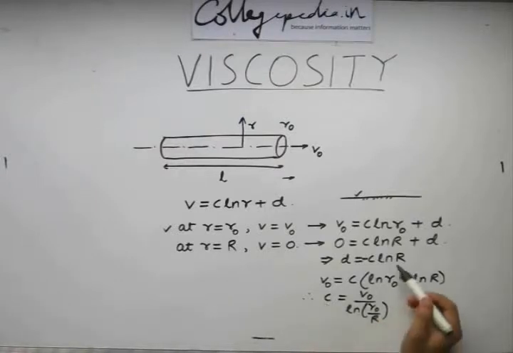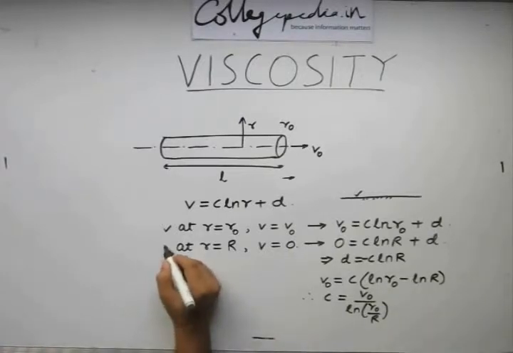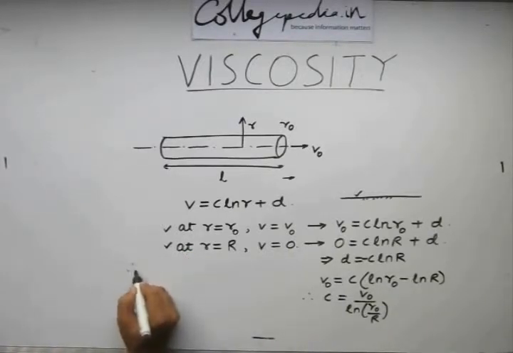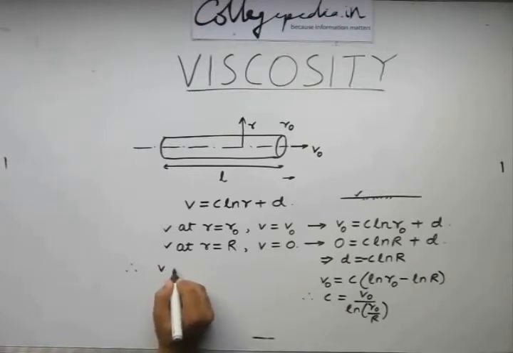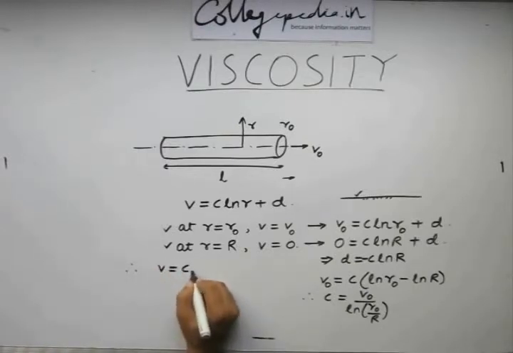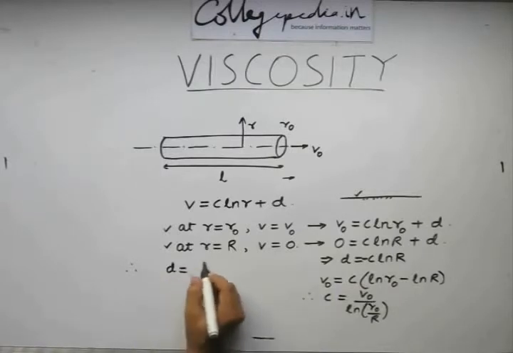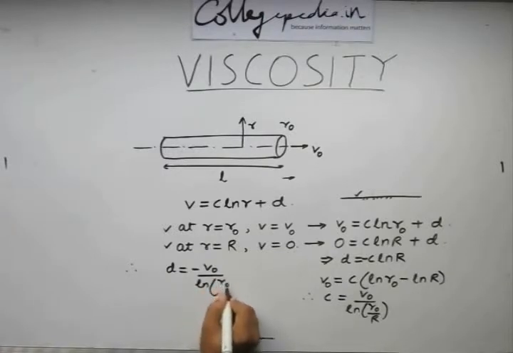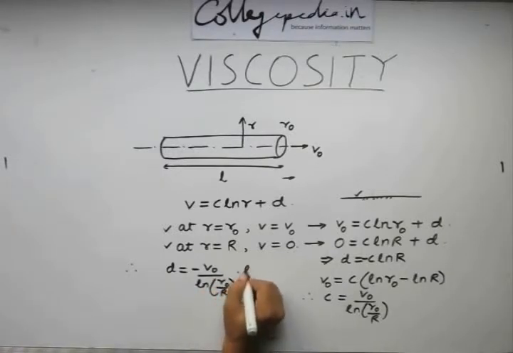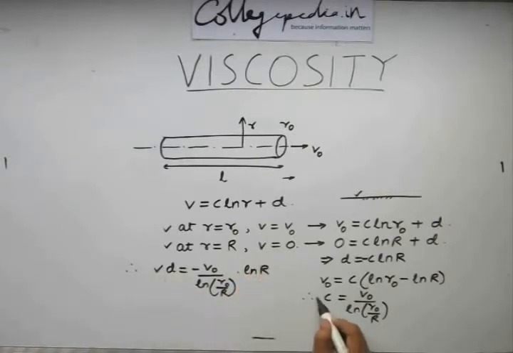Now, putting this C back here, we can get what the value of D is. So if we do that, we have considered both now. We'll get D as minus V naught divided by ln of R naught by R times ln of capital R. So we have got D, we have got C, and we thus know the velocity profile.